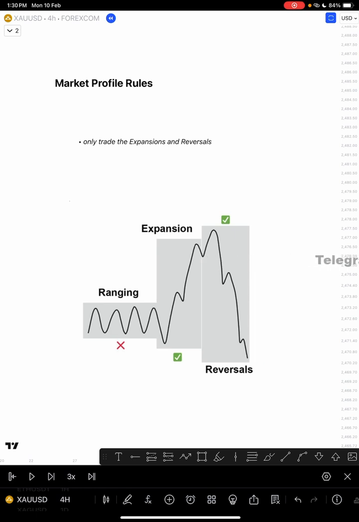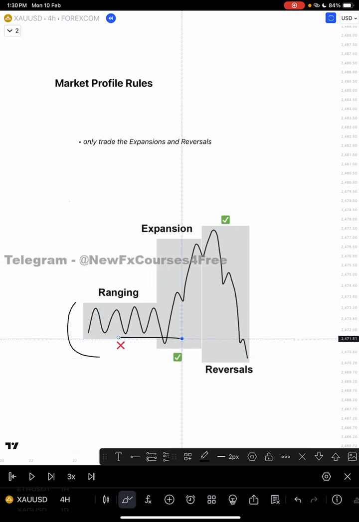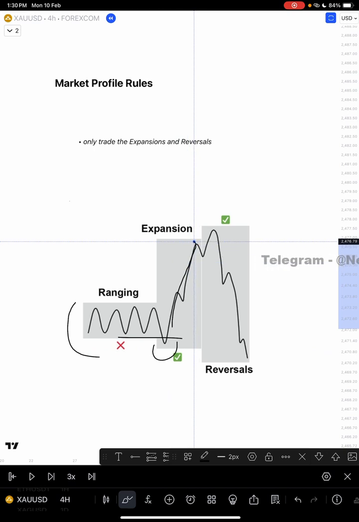Only trade expansion and reversals. You don't want to be trading this kind of market condition, or you're going to lose a lot. When bullish, wait for a pop below an old low, and you can position yourself for longs over here and trade your expansion.